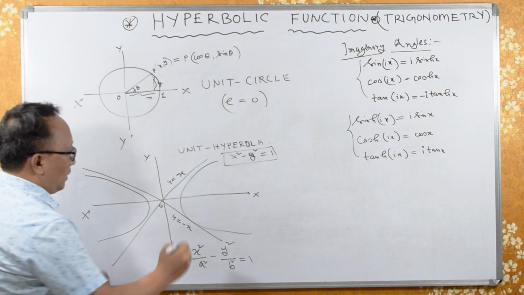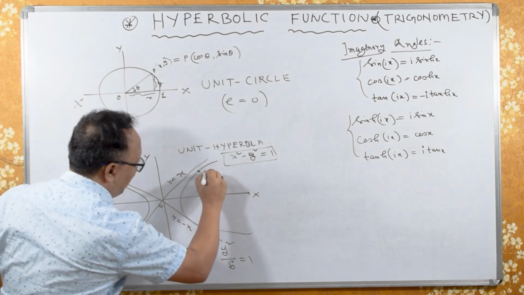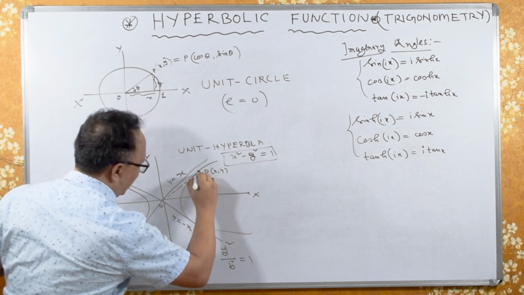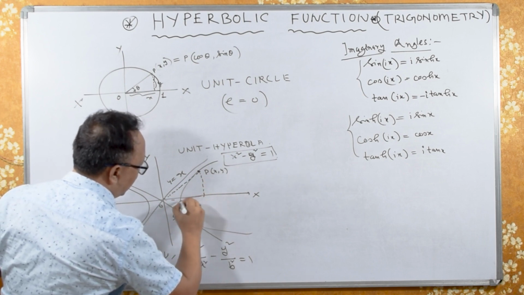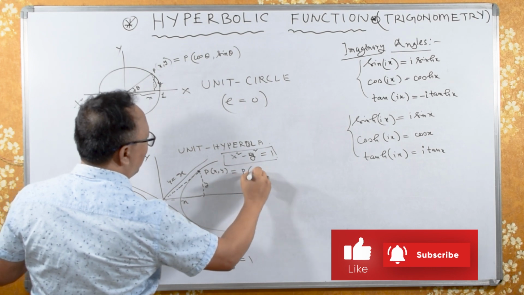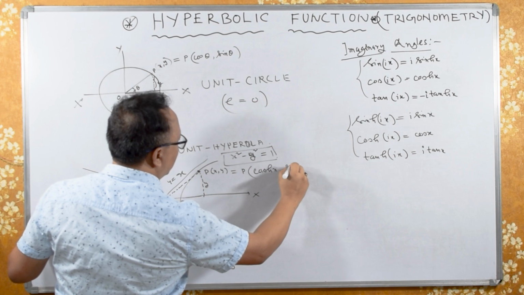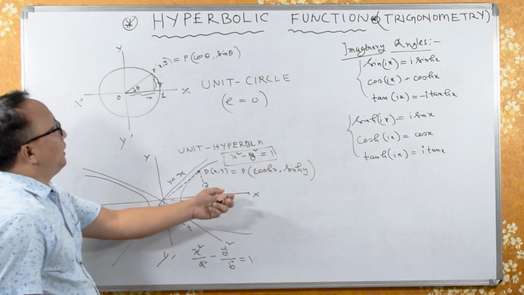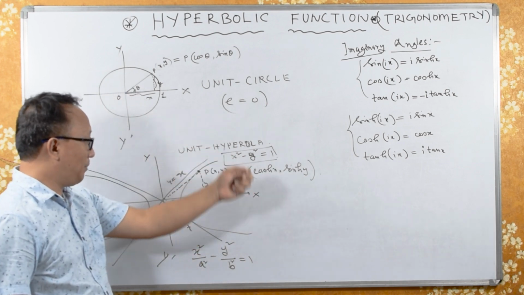Any point P(x, y) on the unit hyperbola is defined by P(cosh, sinh).